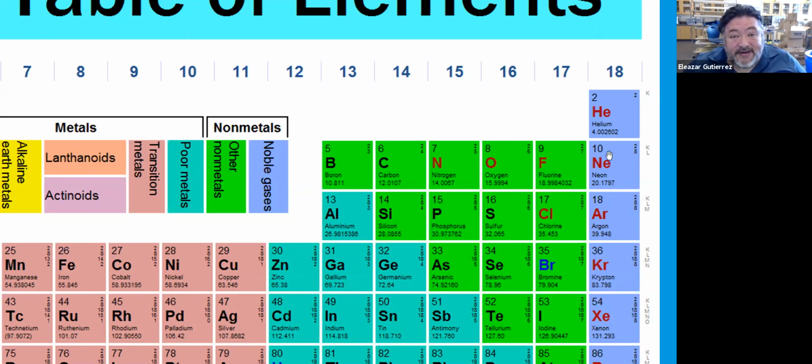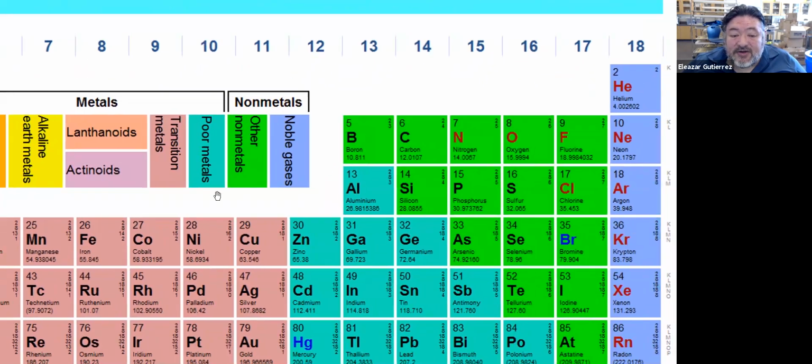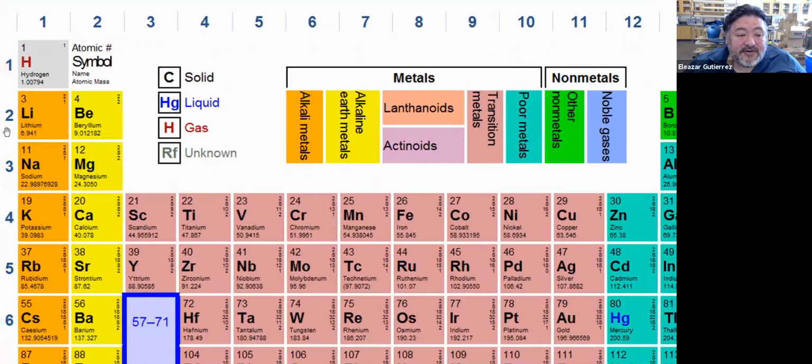Are you with me? Now here's the interesting part. Here neon, that's a closed shell on those 8 valence electrons. So when we go to the next element, all the way to the left here, to sodium, okay, the atomic number is 11. It has 11 protons and therefore 11 electrons.